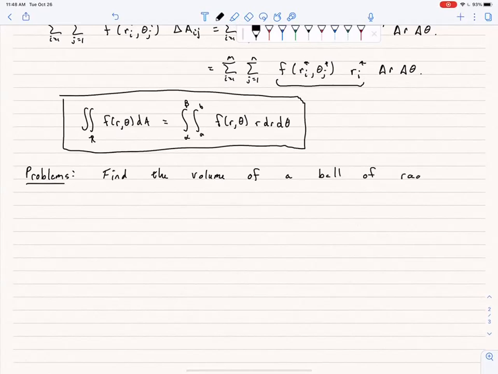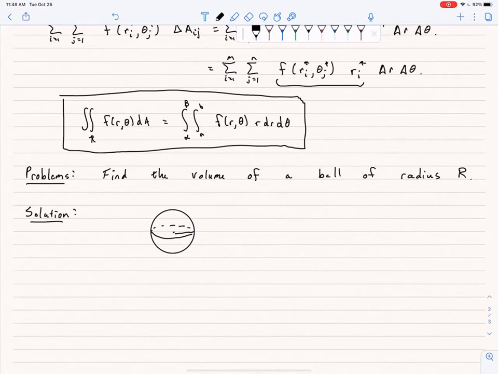I know you all know this, but let's do it anyway. Well, let's set up the integral. So we have a ball, its radius is r.